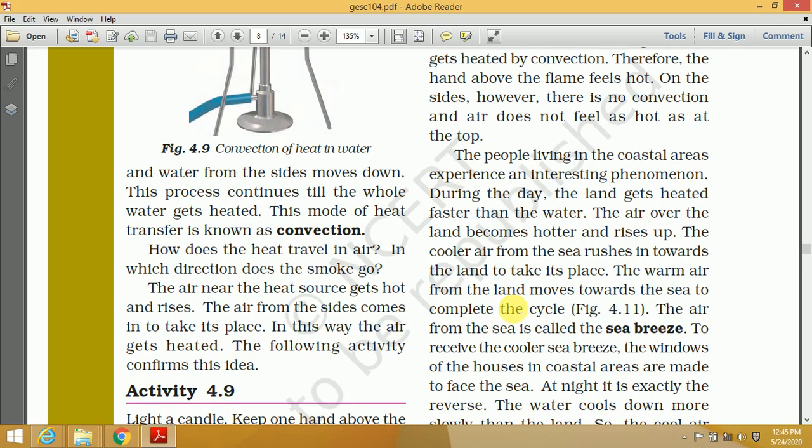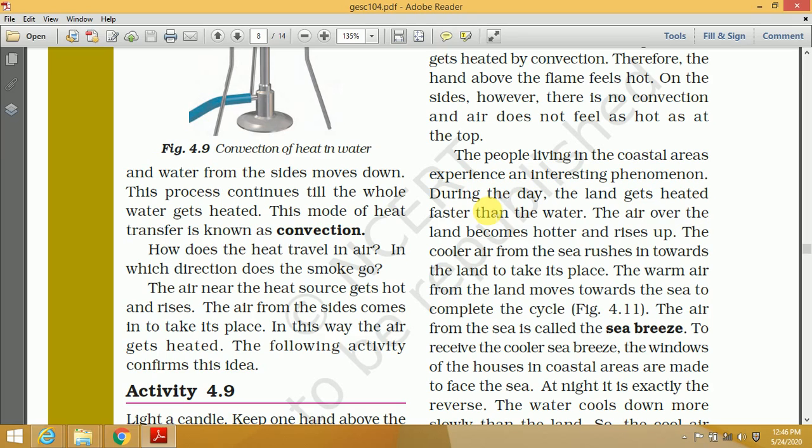At night, it is exactly the reverse. So we will discuss the reverse later. Here you can see, I have already discussed the daytime, coastal area near the sea. At daytime, the land will receive the sun's heat and get heated up.